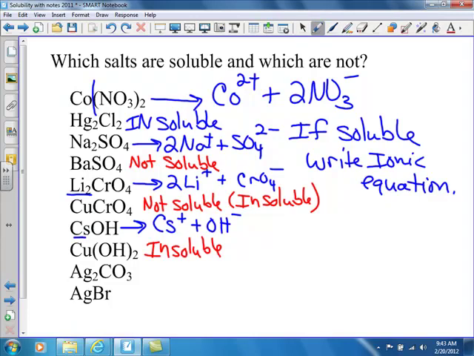Silver carbonate is insoluble. And the last one, silver bromide, insoluble. So now you have a worksheet that you should be able to complete on solubility.